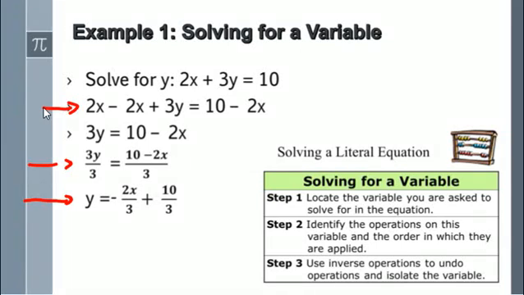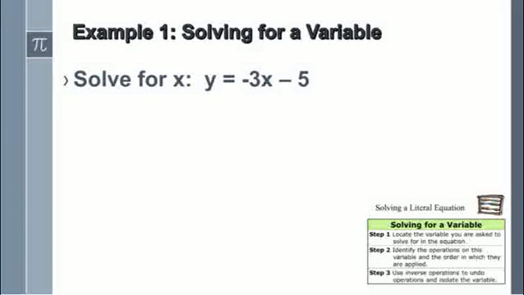You could technically keep it as 10 minus 2x over 3, but remember, you're dividing both terms by 3, and so sometimes you can reduce half of that, and so you'd want to reduce it. So the best way would be to separate the two, but it can still be correct if you didn't. Let's take a look and practice one ourselves.